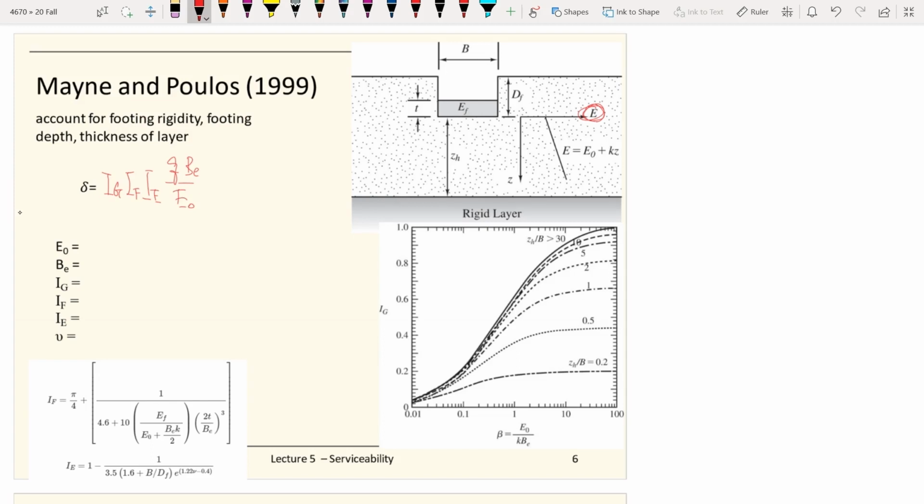So now we have three correction factors times the middle part, and then 1 minus the square of the Poisson ratio. So the E naught over there is the soil modulus directly below the footing.